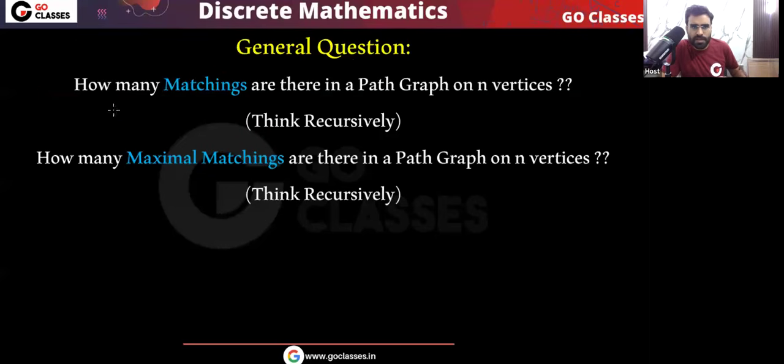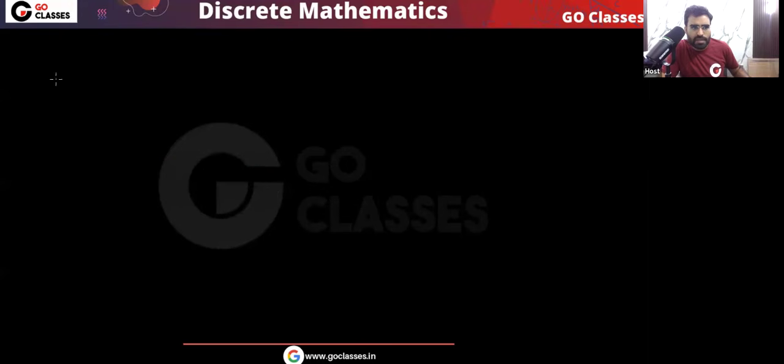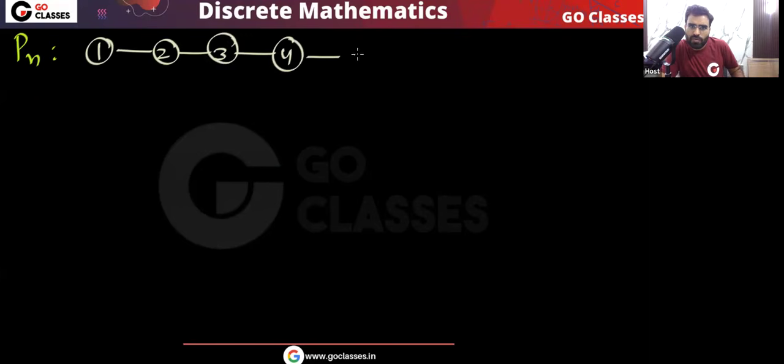Okay, so let's start. First, let's find the number of matchings in a path graph on n vertices. Here, a path graph on n vertices, Pn, is given to you. So it is basically a path graph with vertex 1, vertex 2, 3, 4, and so on up to n.